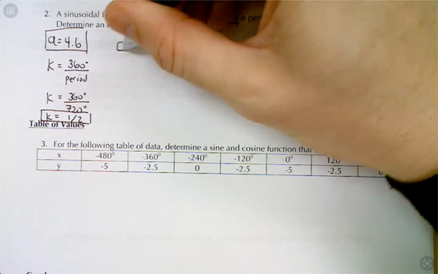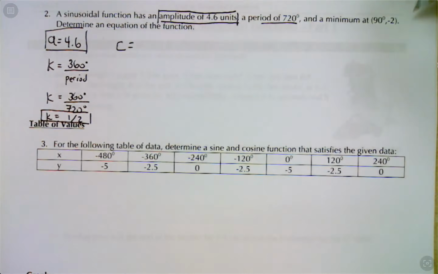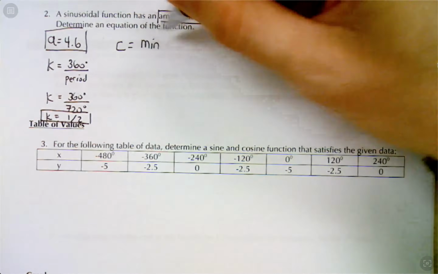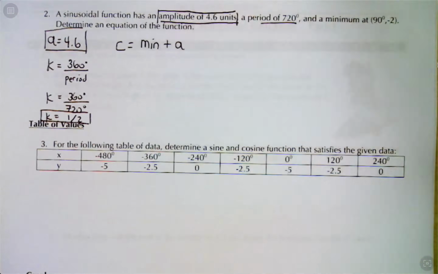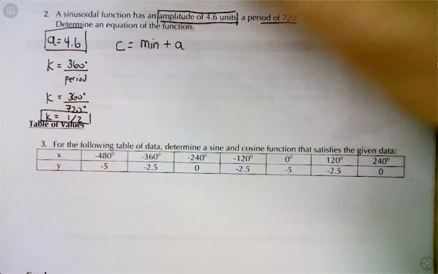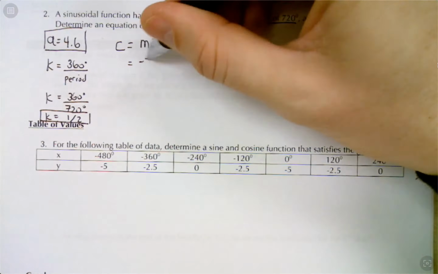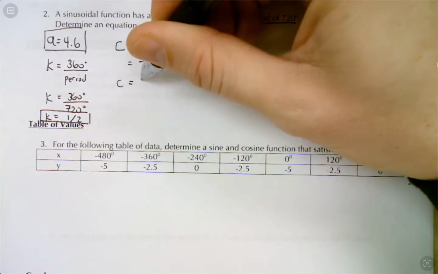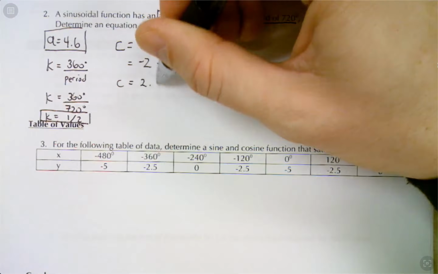So for our purposes, C, the middle, is the minimum plus the amplitude. It also works if you know the maximum, you do the maximum minus the amplitude. Our minimum is negative 2. We're going to add 4.6, which gives us a C value of 2.6.